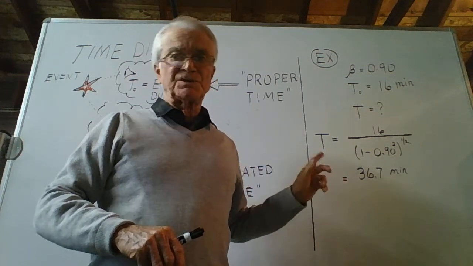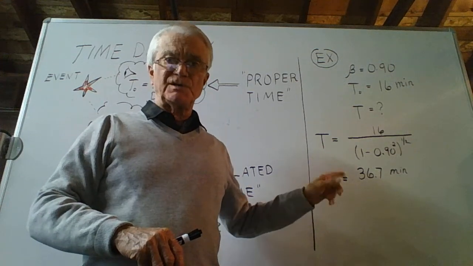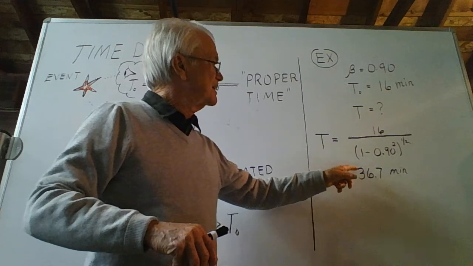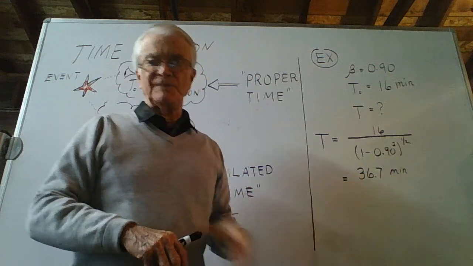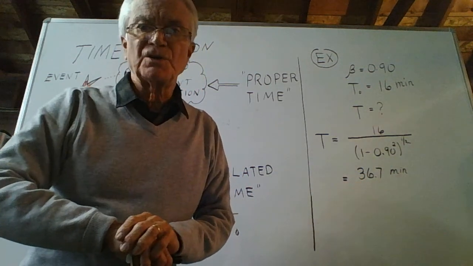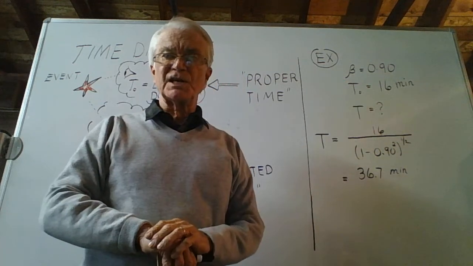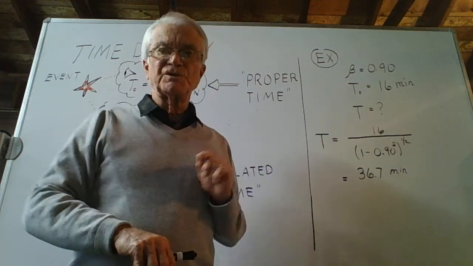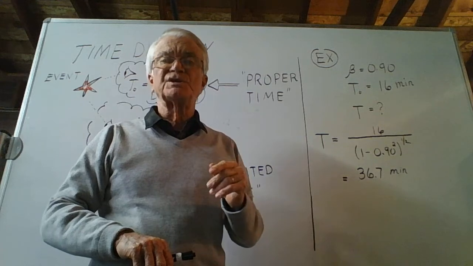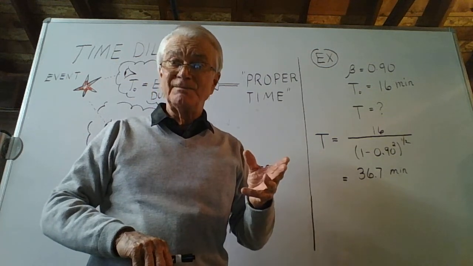It's the actual time for this observer. It's the real time. For this person, his or her reality is that the time it took for the event to occur, that many minutes, more than twice what the other observer said. Both observers are correct in their frame of reference, in their world, in their reality.